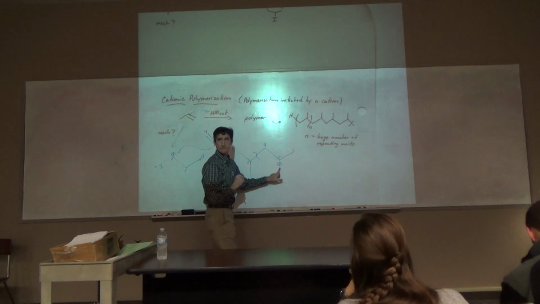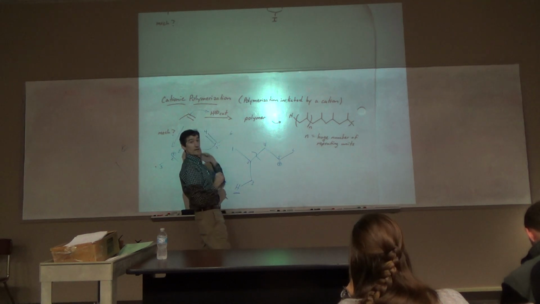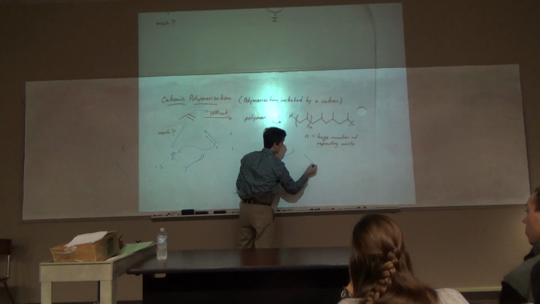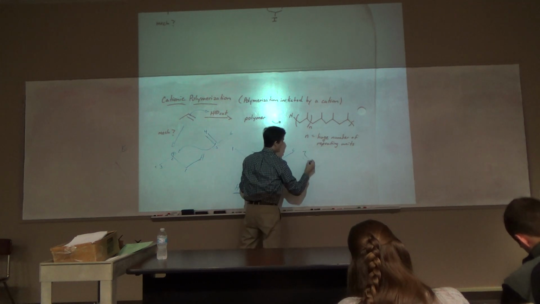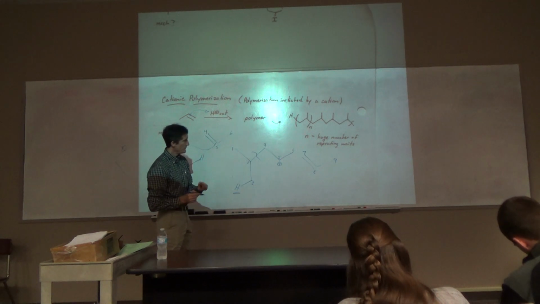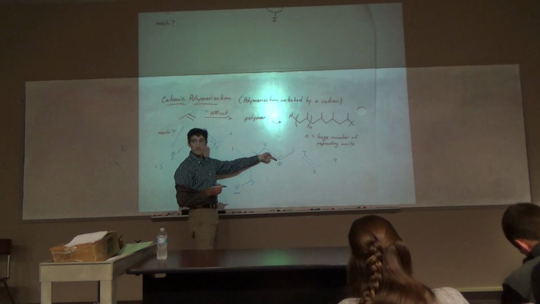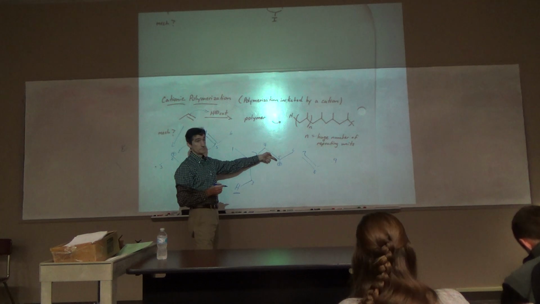What can attack this? How about another alkene? We call this 7, 8, and 9. Which carbon is going to bond to 5? 7.